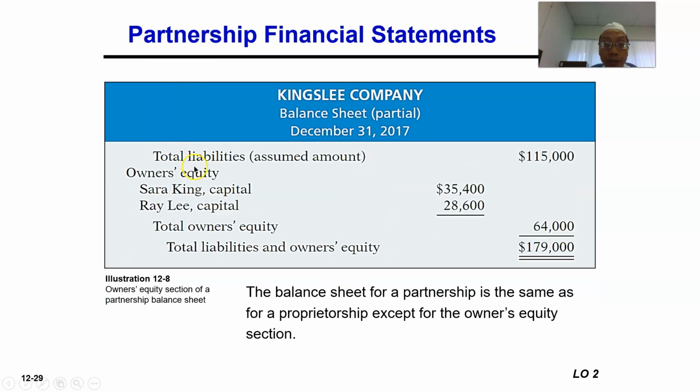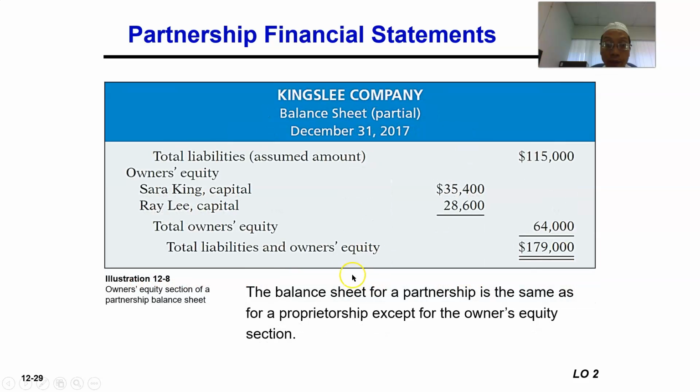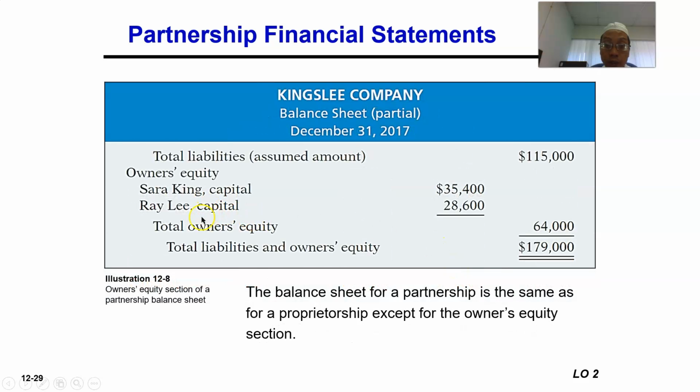In the balance sheet, under owner's equity, two accounts will be shown, one for each partner. Sarah King's capital will be 35,400, which comes from here, and Ray Lee's capital will be 28,600. That comes from here. So the total owner's equity is 64,000.